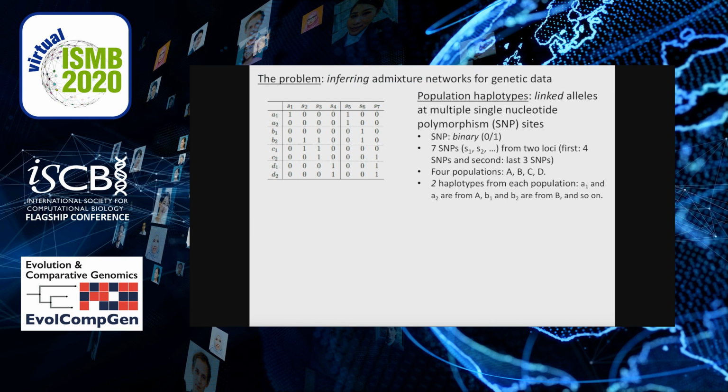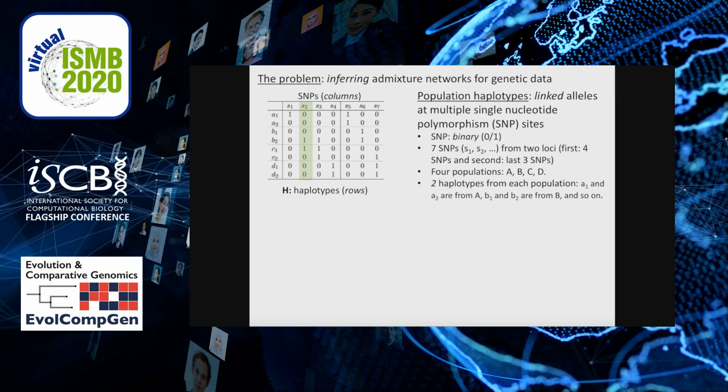Now let me tell you exactly what type of data I'm going to use for inference of the admixture network. Here I mainly use haplotypes, which are linked alleles across multiple single nucleotide polymorphisms, or SNPs. SNPs I assume to be binary, 0 or 1. You can see the figure on the left. Each row is a haplotype, and each column is a SNP.